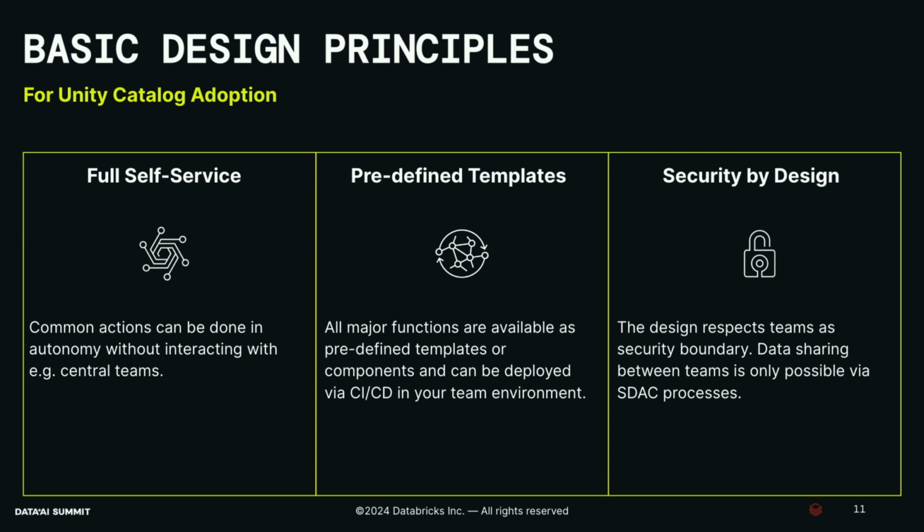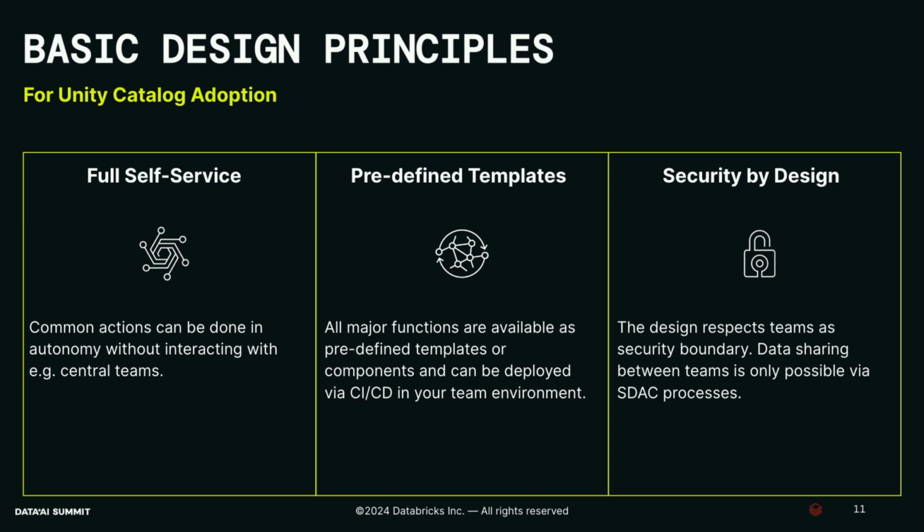Yeah? So we need to ensure that we are not reactive, we want to be proactive. So we want to make the design compliant from the first minute on. So this means, for example, that all the data sharing between teams is only possible via the central processes from Aztec. And lastly, we want to make it simple to adopt Unity Catalog by having predefined templates.